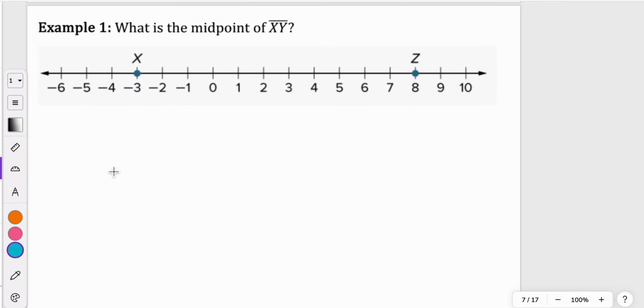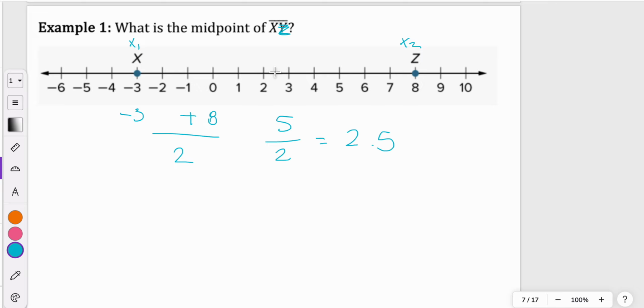All right, midpoint of X, Z. This actually should say XZ, so that is my fault there. So we have X is -3. We can say maybe this is point x1 and Z is x2, so what we're going to do is just add those together. So -3 plus 8 and then divide by 2, or 5 divided by 2, which is 2.5.